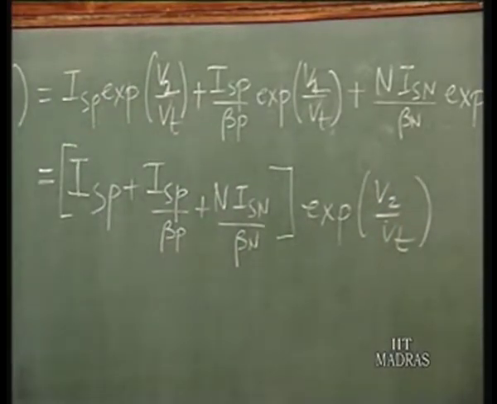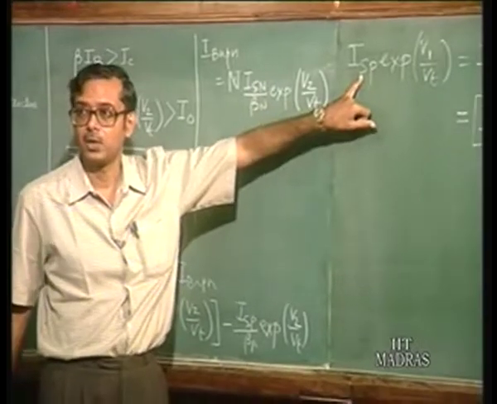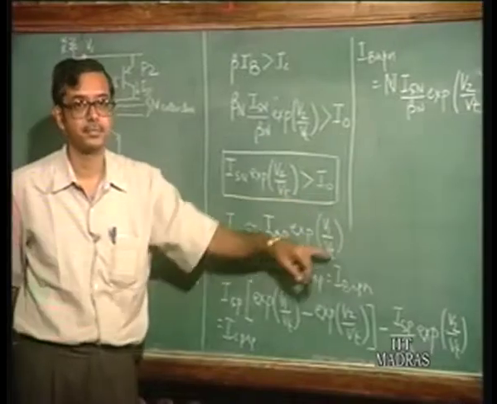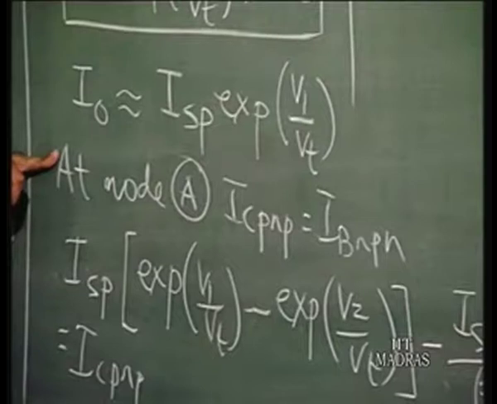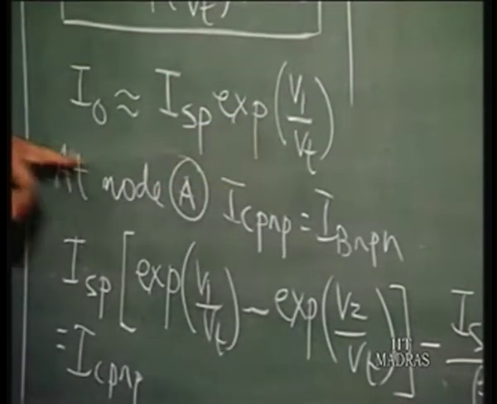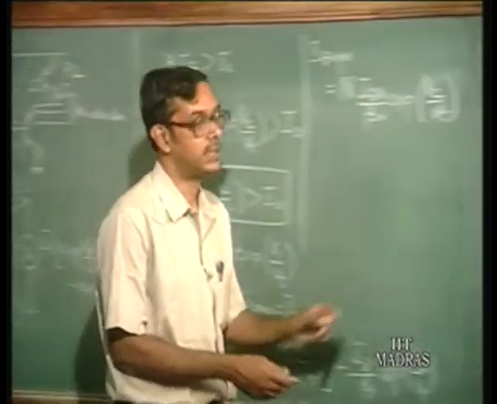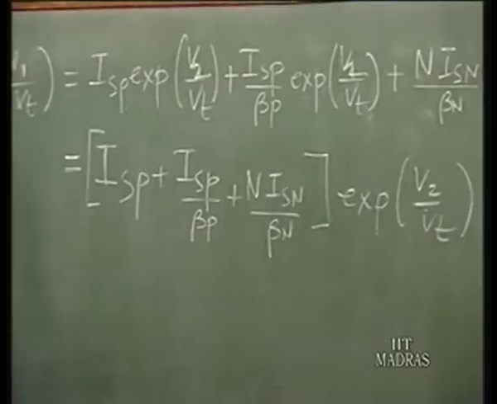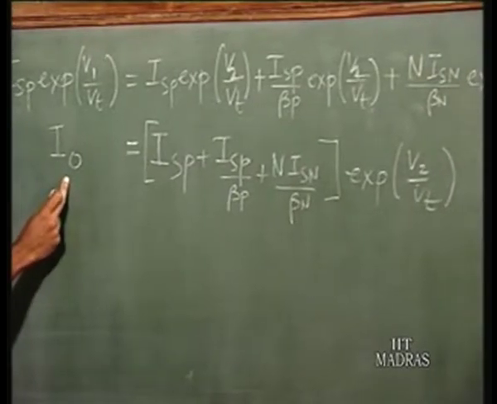All right. Now, ISP exponential V1 by Vt, what is that? That is the same as I naught, isn't it? ISP exponential V1 by Vt is given by I naught, we have already derived that. So, this term which we have here is actually equal to I naught. So, the left hand side is equal to I naught.